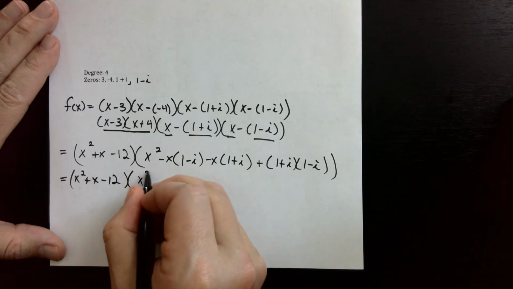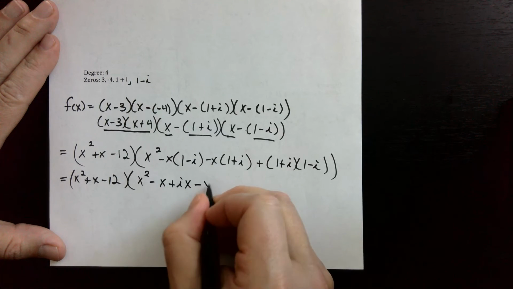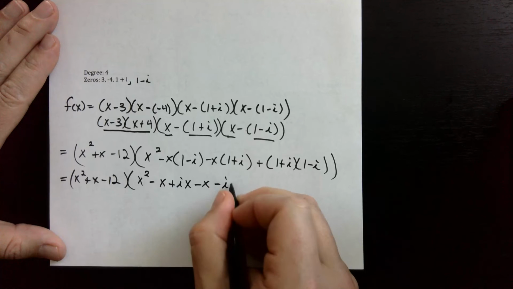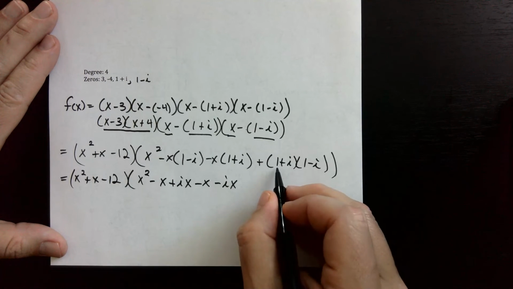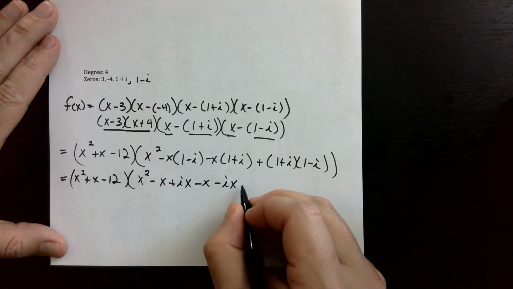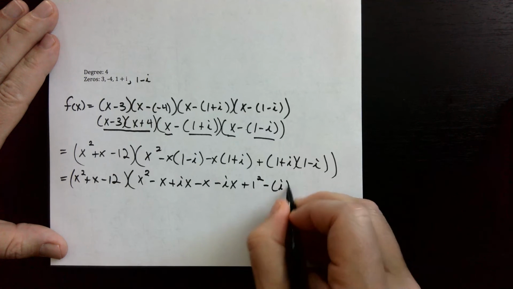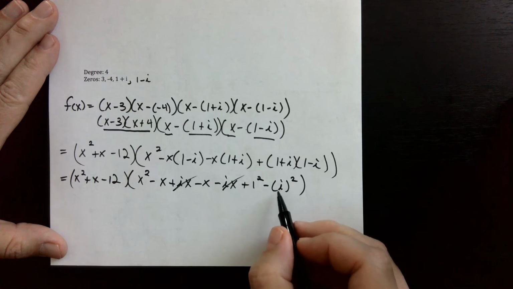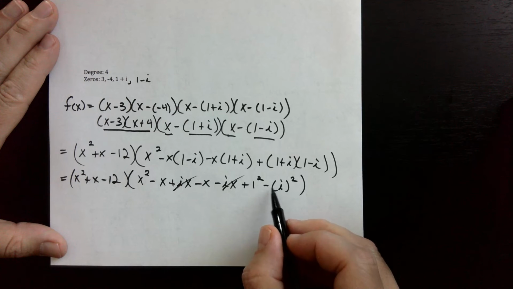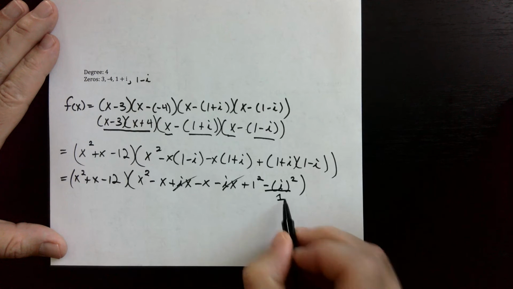That'll be x squared minus x plus ix minus x minus ix, and then this is a difference of squares: the first term squared minus the second term squared, so plus 1 squared minus i squared. Cancel, cancel. This becomes a negative 1, and then the negative in front makes it a positive 1.